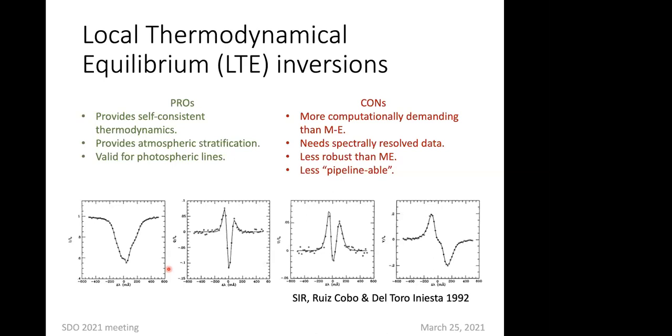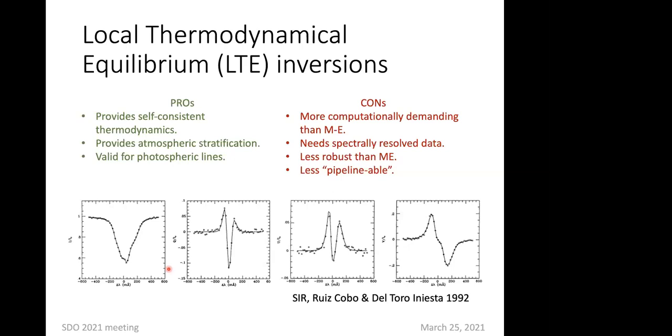LTE inversions are, for this reason, only valid for photospheric spectral lines, but they provide self-consistent information about thermodynamics in the photosphere. So when one does LTE inversions, they can obtain information about the temperature and other thermodynamic variables. They also provide information about the stratification of the thermodynamics and the magnetic field in the photosphere of the sun. So they're really valuable if one wants to get into this kind of detail.